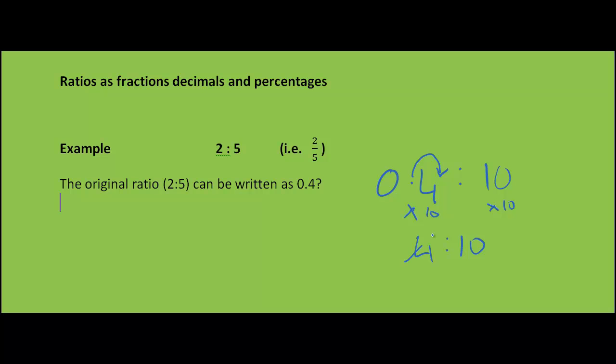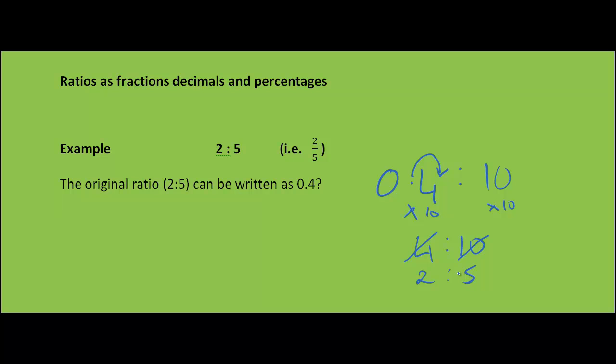If I divide 4 by 2, which is the highest common factor, I get 2. And if I divide the other side by 2, I get 5, which is the original ratio of 2:5. So the decimal ratio 0.4 actually means 0.4:1, and this is equivalent to 2:5.